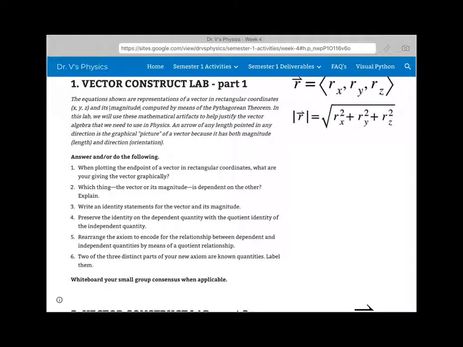So what's the difference between a vector and a magnitude? Well, the vector, what's written there, those two formulas, the bracketed thing is the vector in rectangular coordinates. It is a way to specify in the Cartesian plane, or in this case, Cartesian 3-space, the endpoint of a position vector.